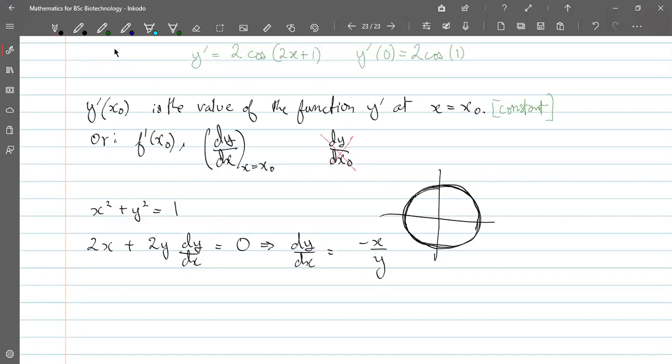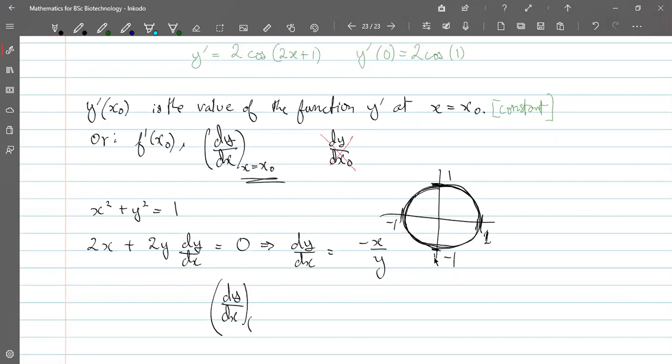So if you plot all possible x and y values satisfying this equation, we get this circle where the radius is 1, right? We actually did this. We found the slope of the tangent at different points by using this, because dy by dx for any function is the slope of the tangent. So what we were really doing is finding the value of dy by dx at different points.